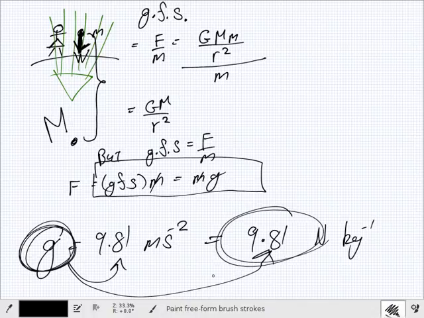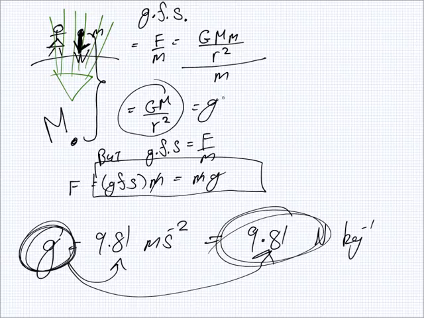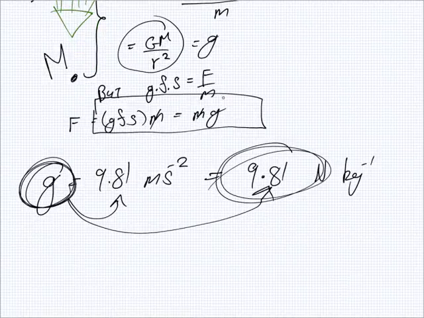Now this is only true on Earth. It's not true on the moon or another planet. So we want a formula to calculate it. We got this formula earlier, so we can say that this equals G. After all of this, all I'm trying to do is get to the formula.